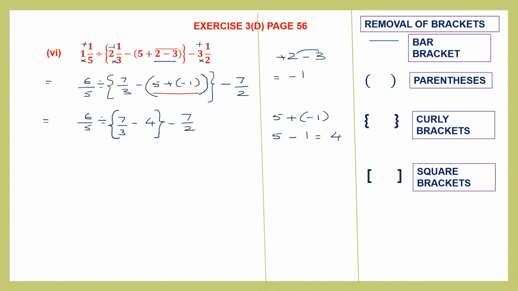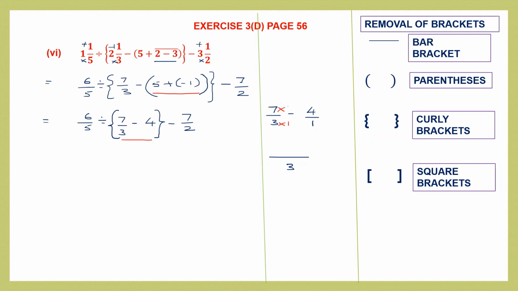So now we have only the curly brackets left. So we have to remove the curly brackets. So what is inside this has to be done first. So that means we need to work out 7 by 3 minus 4. And 4, let's give it the denominator 1. So the common denominator will be 3 because the other denominator is 1. So the first one, 3 into 1 is 3.